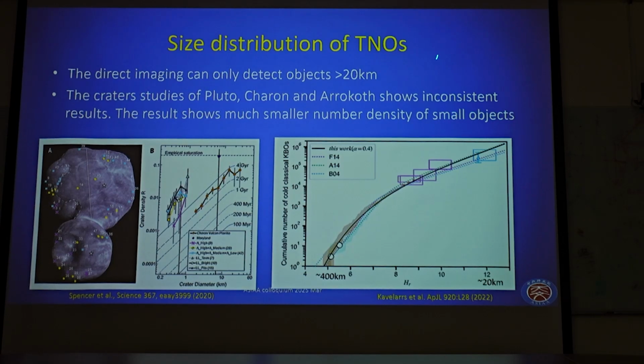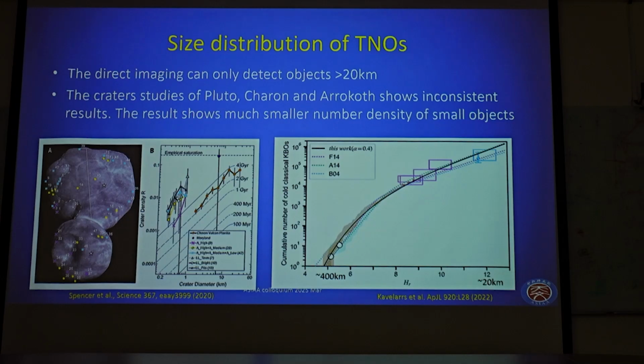And the other way of measuring the size distribution, thanks to the New Horizons mission, is that people use craters on Pluto, Charon, and Arrokoth to measure the number of craters and try to estimate the number of small TNOs, because these craters are meant to be generated by impacts from nearby objects.